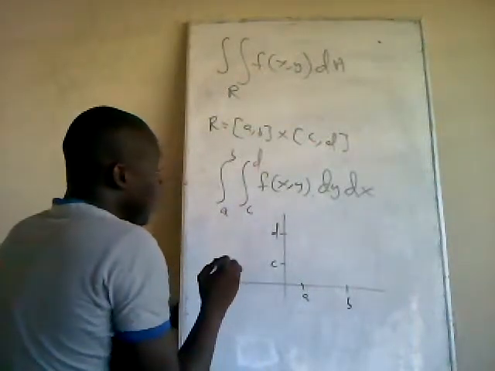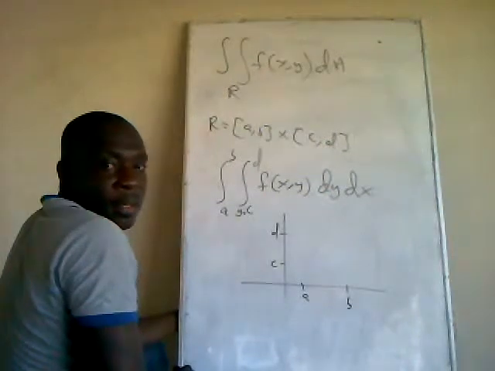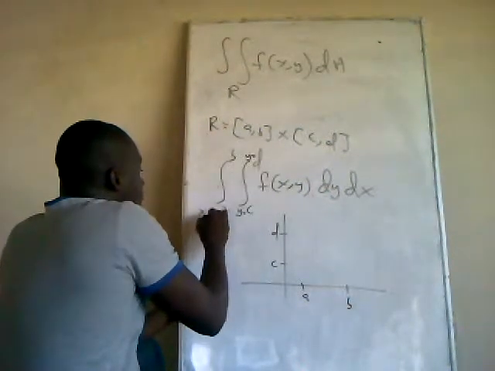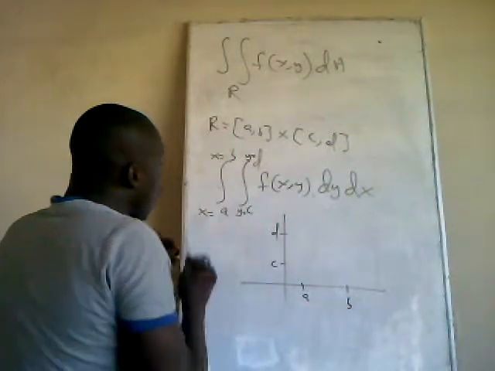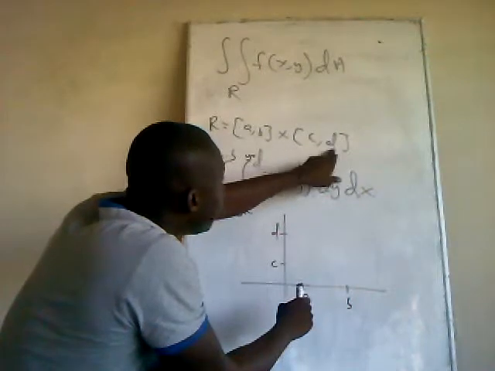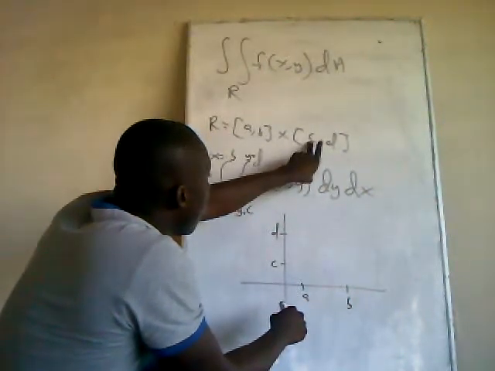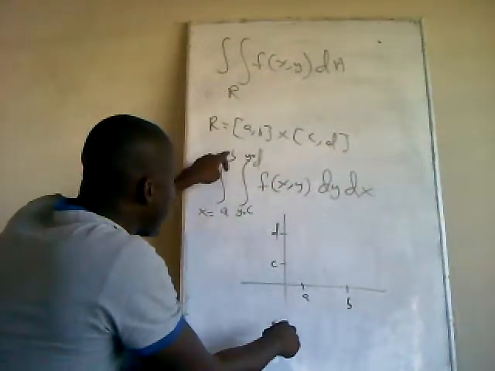Accordingly, I can see here y is equal to c and y is equal to d, and x is equal to a and x is equal to b. We put the c and d, definitely c is lower than d, so we put c down and d up, and here a down and b up.